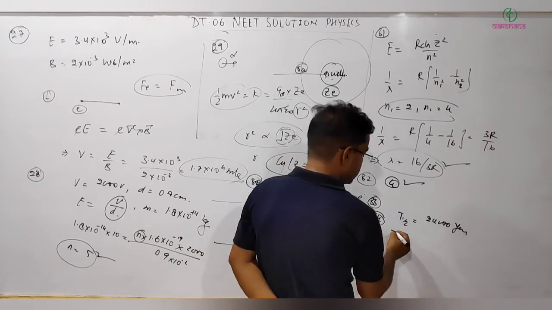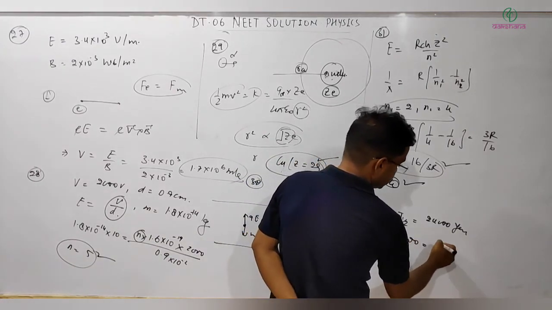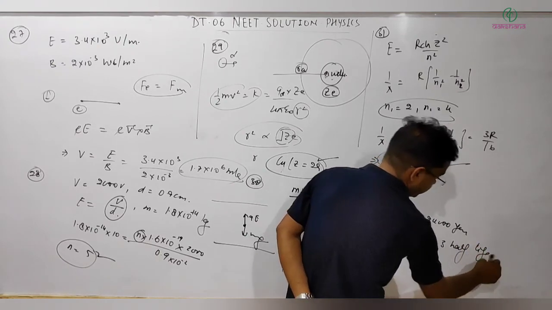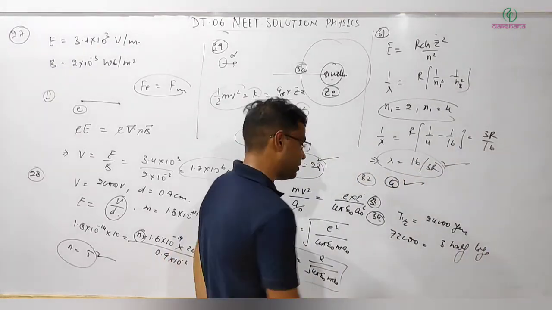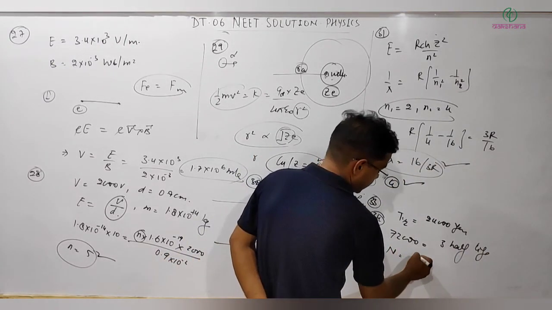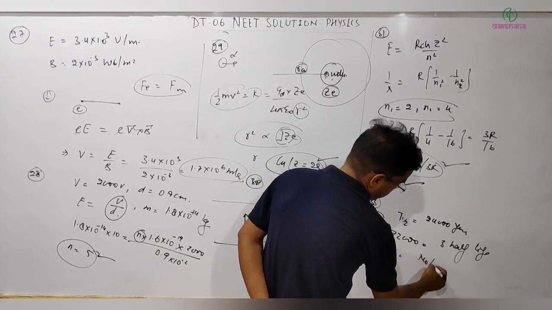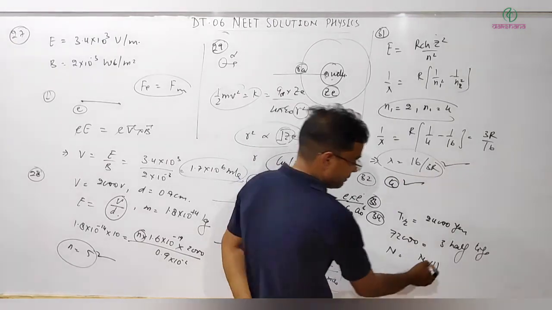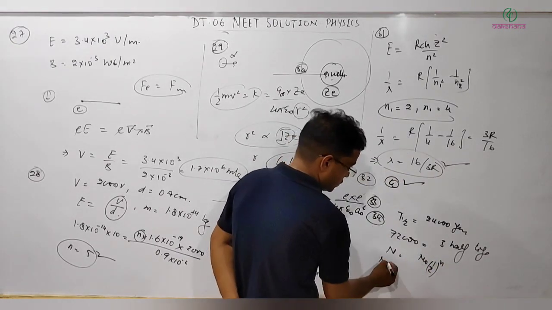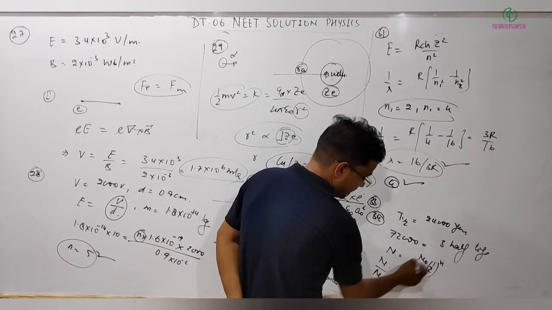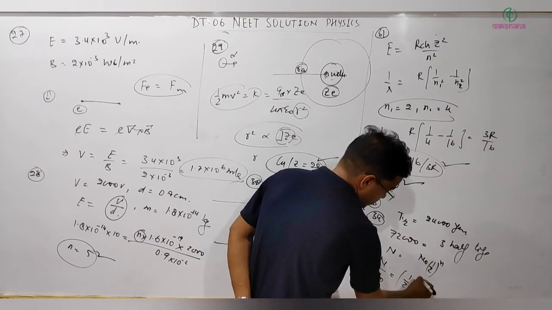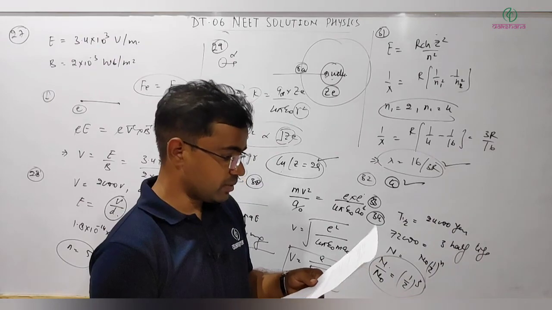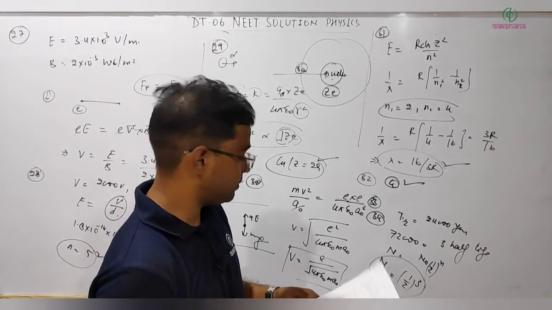So 72,000 years means 3 half-lives, and we know the number of nuclei remaining after 1 half-life is given by N naught into 1 by 2. After n half-lives, it's N naught into (1 by 2) to the power n. So the fraction after 3 half-lives is 1 by 2 power 3, which equals 1 by 8.